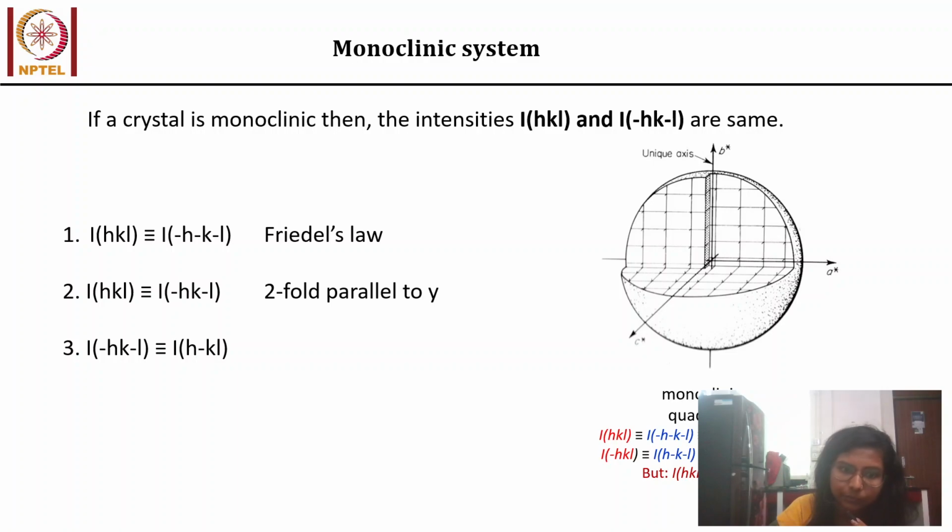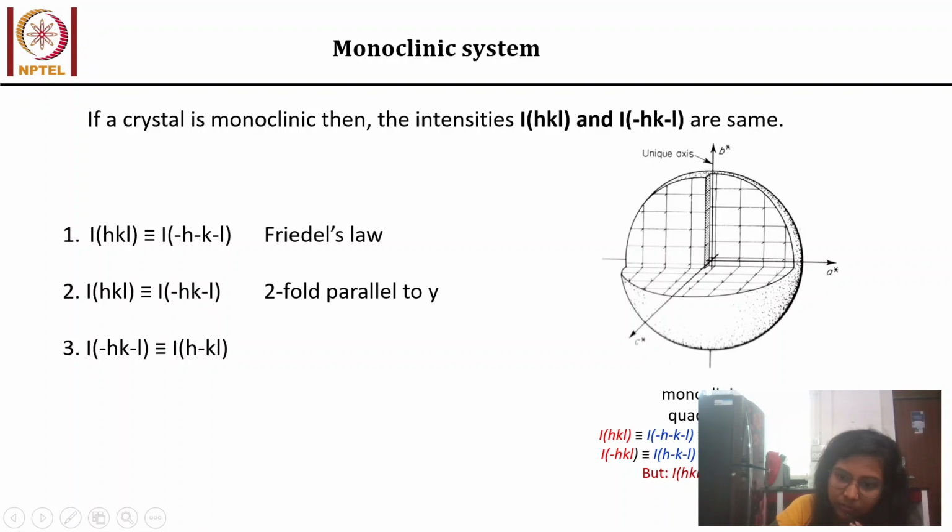Now further, if there is a monoclinic system and we apply this twofold, we have the intensity of IHKL which is equivalent to I minus H minus K minus L due to Friedel's law. Now if we apply the twofold parallel to Y, the intensity of HKL is equal to the intensity of minus H K minus L. So this is the term here.